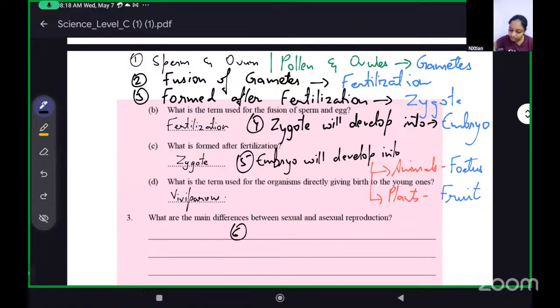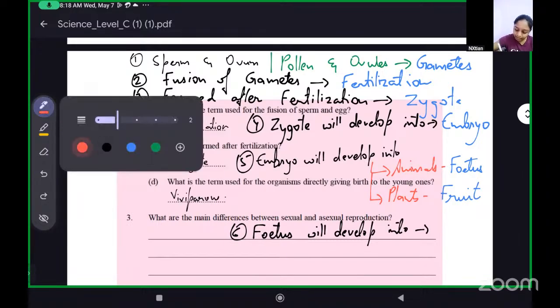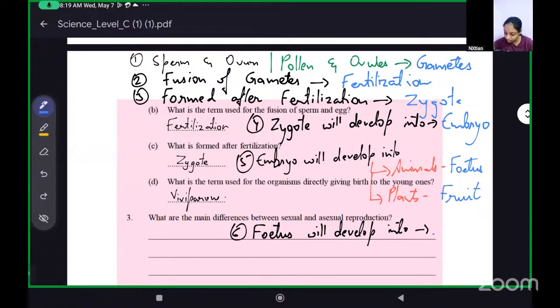Then the sixth one is for animals. The fetus will develop into a baby.